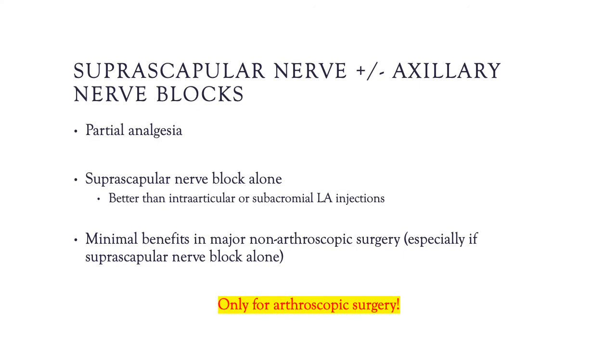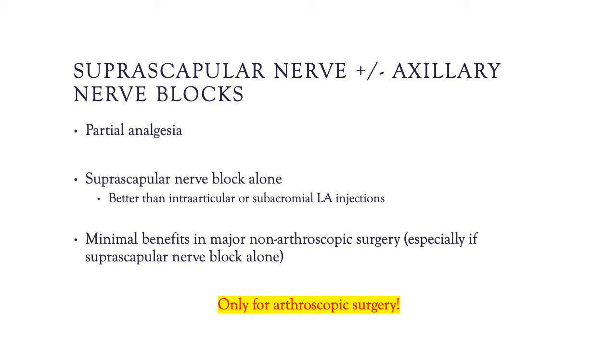So first of all, I want to discuss the suprascapular nerve plus the axillary nerve blocks. Now, if you still remember the anatomy slide I just showed you, if you just block these two nerves, what it can offer is just partial analgesia.